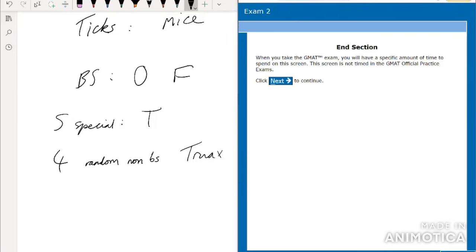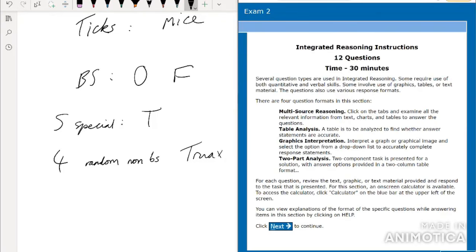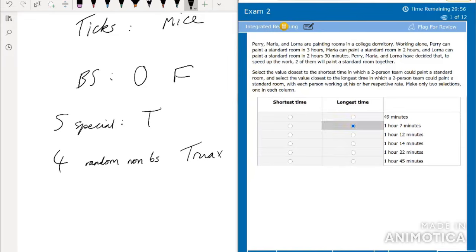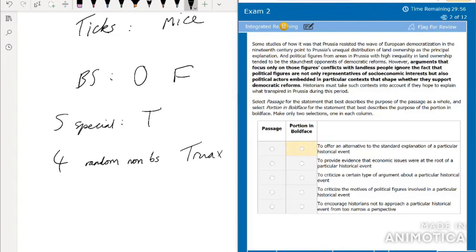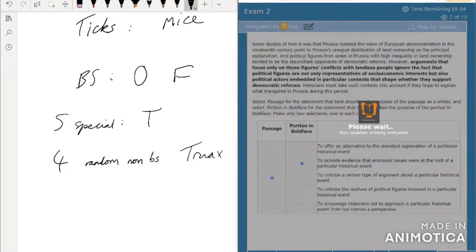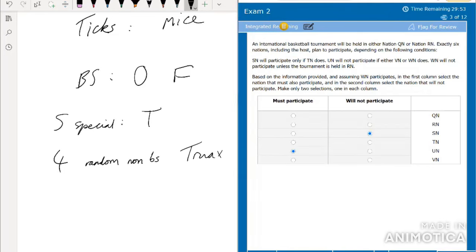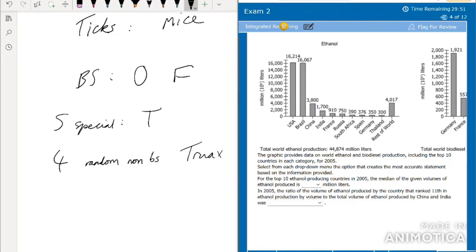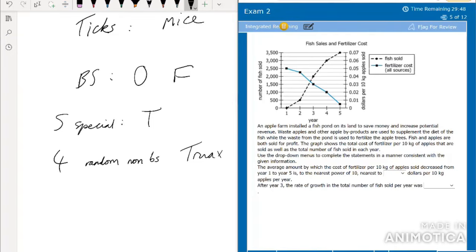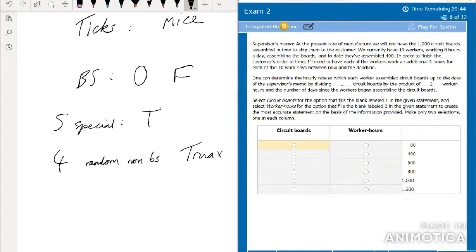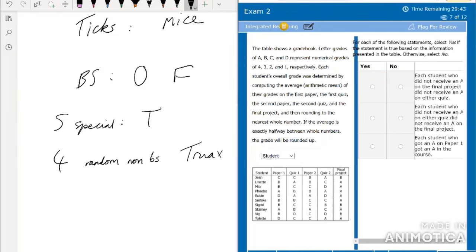And that's it. I'm not going to do AWA because that's not really worth talking about, or IR, so I'm just going to have to do this so that we can see how I did. The reason I'm not doing this is because it doesn't contribute to the score, and also it's actually relatively easy.